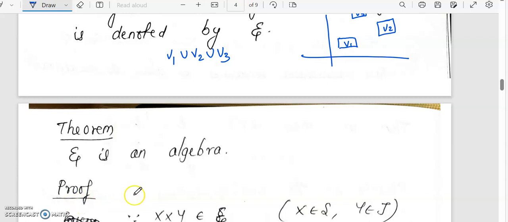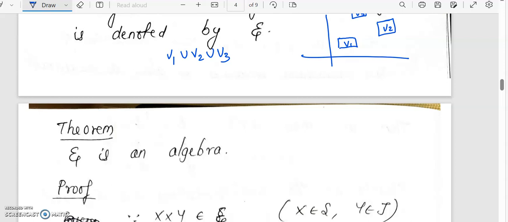That means if A and B belong to the algebra, we need to show that A union B belongs to the algebra. Also, if A belongs to the algebra, then A complement belongs to the algebra. So that is what we need to show. So we will be proving the theorem in 5-6 parts. So we will move on to the proof now.